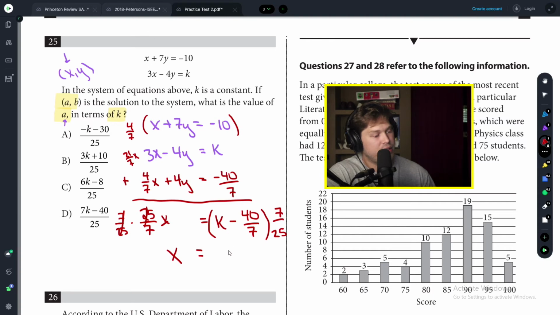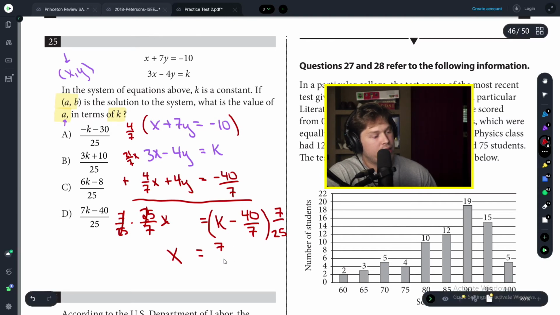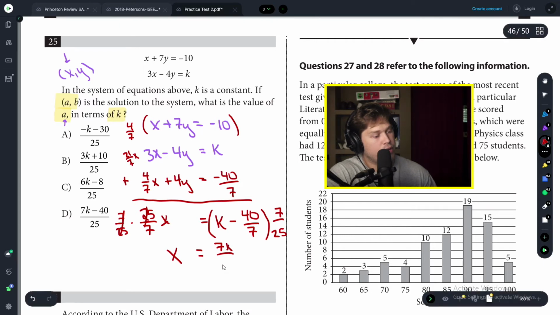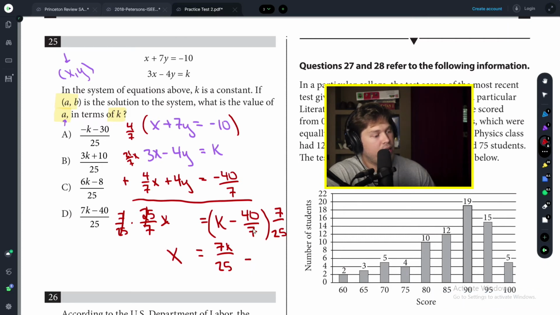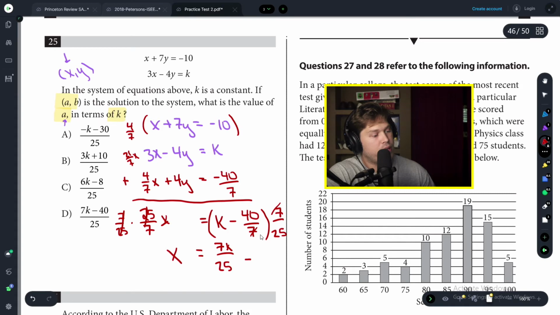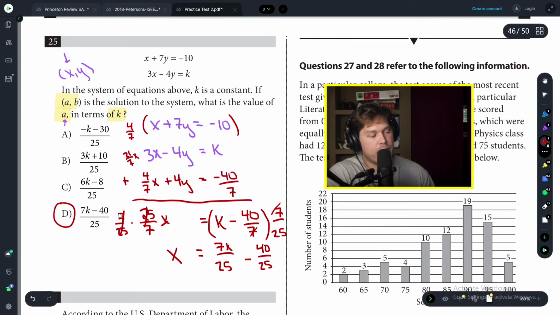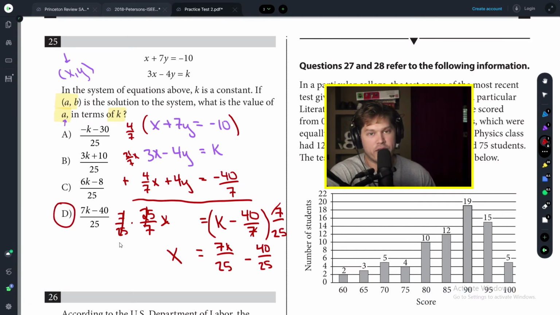So we have 7k over 25 minus 7 times 40 over 7 times 25. So this 7 and this 7 will cancel, and we're left with 40 over 25. So our denominators are the same. So we are left with choice D, 7k minus 40 all over 25.